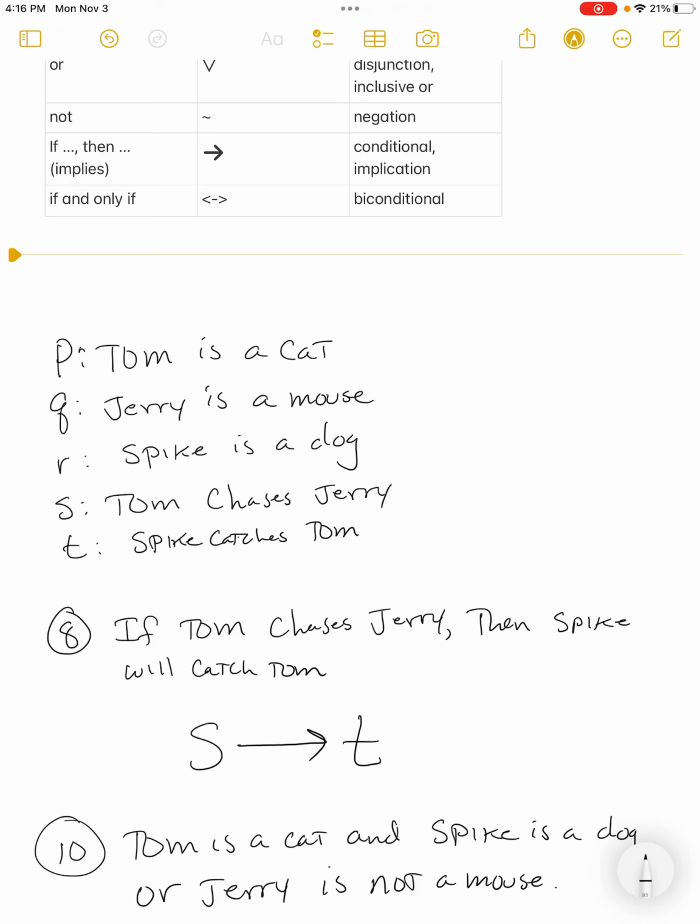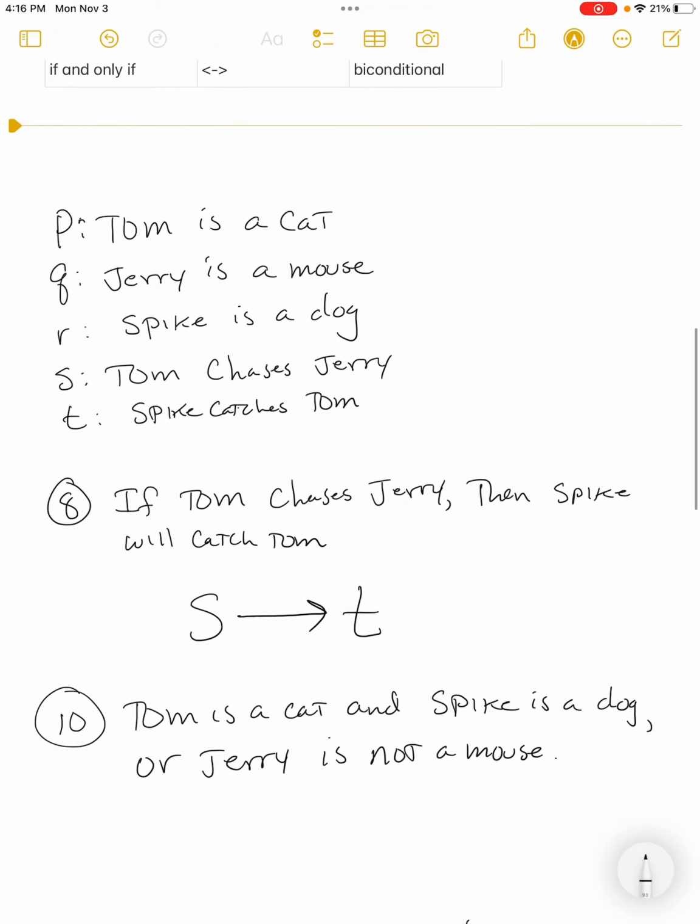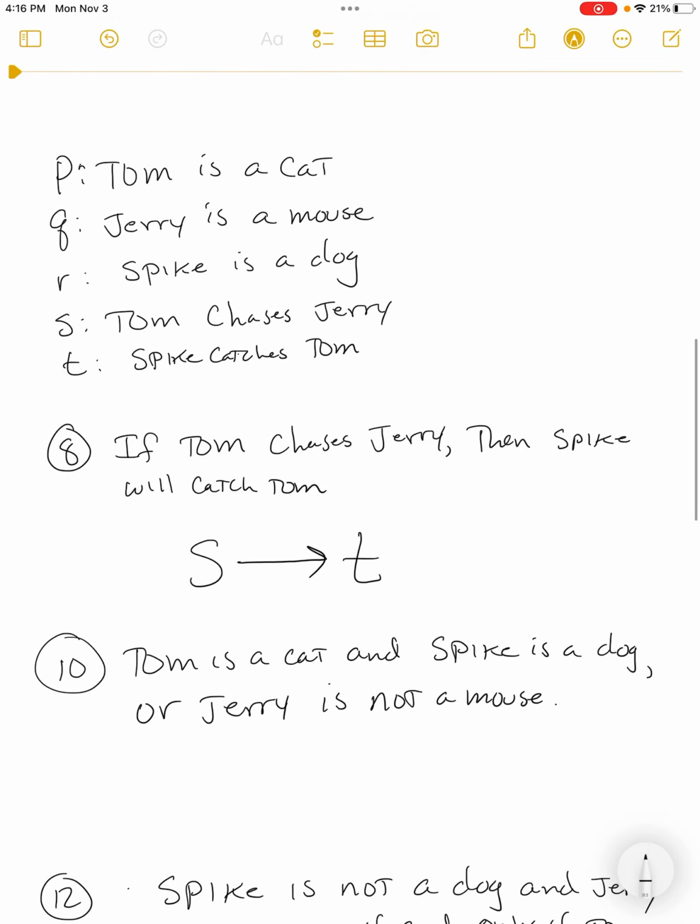Let's see where Spike is catching Tom. That's T. So symbolically, that's S arrow T. That is the symbolic representation of if S, then T. S is Tom chases Jerry. So if Tom chases Jerry, then Spike will catch Tom.